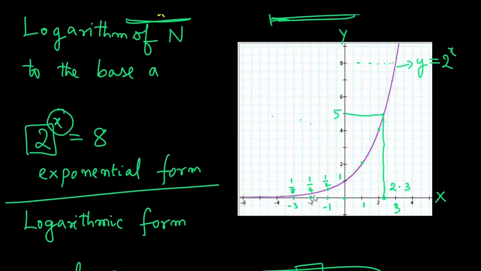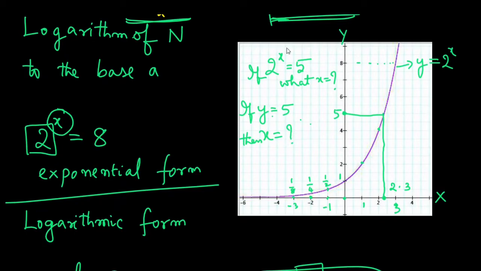So here, what is the value of x for which value of y is 5? If y is equal to 5, then what is x? That means if 2 power x is equal to 5, what is x?